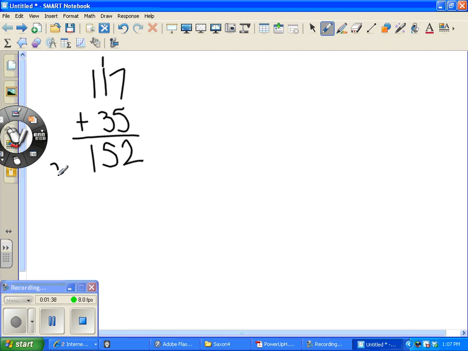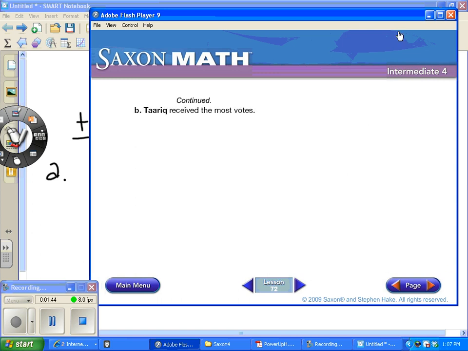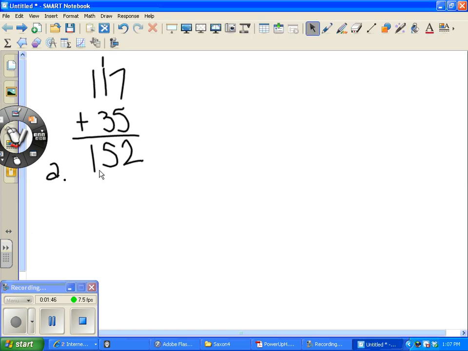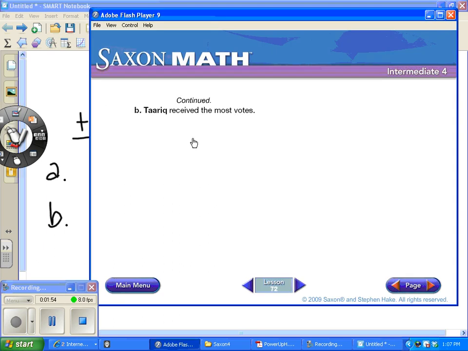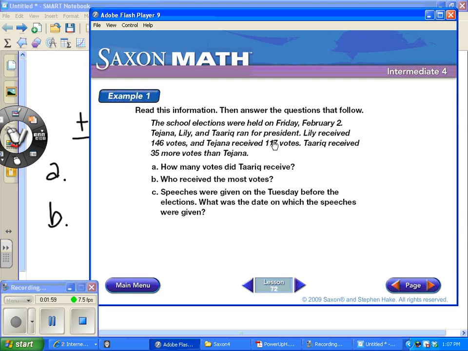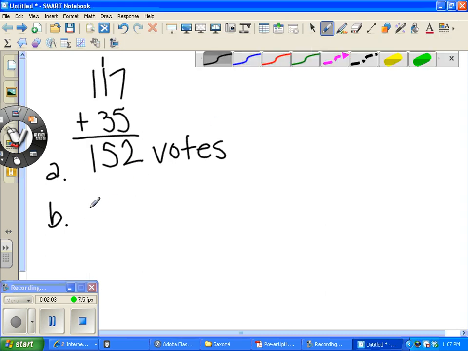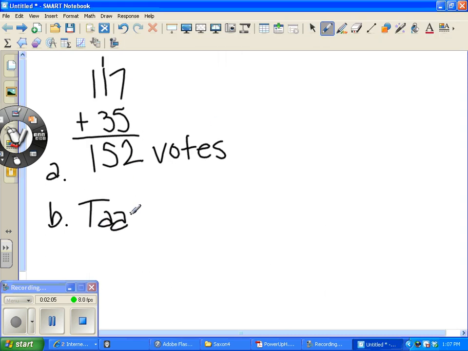Okay, so our answer to A, this is what Tariq received: 152, and we would label that with votes. Who received the most? If we look back at all of the tallies, 146, 117, and 152, that would be Tariq. And I think I spelled that correctly.